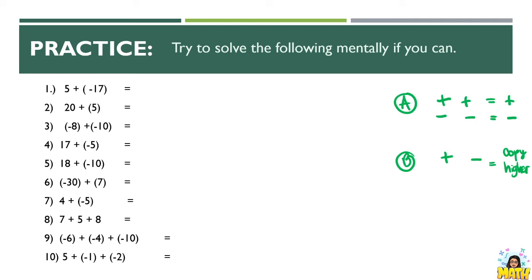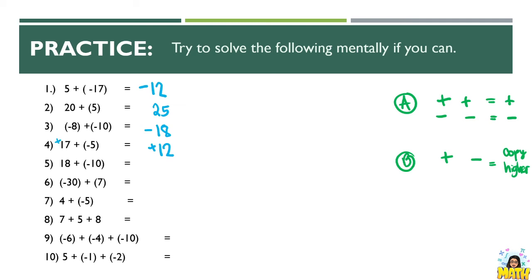So we need to subtract 17 minus 5, that is 12, and copy the sign of the higher, that's negative. Next, 20 plus 5. They are both positive, so the answer is positive 25. Number 3, they are both negative, so just add and copy their common sign. Number 4, since they have different signs, subtract 17 minus 5, that's 12, and copy the sign of the higher absolute value. So positive 12.